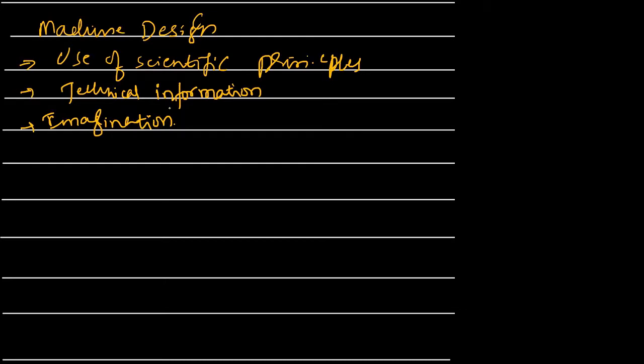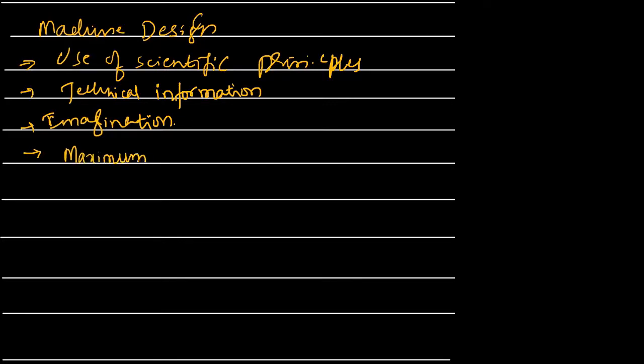Now using all these, if you want to create a component or a machine or element, you need to include all these three factors. That is the important feature. After including all these three, it has to perform the specific functions with maximum economy and efficiency.